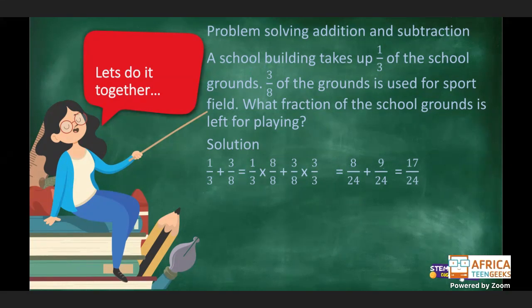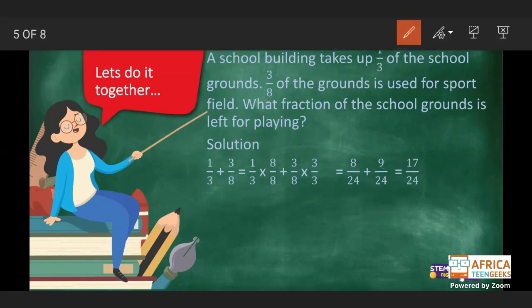We must find our lowest common multiples in this case. So here's our fraction. We can add our fractions right here, but before we add them, we must get our lowest common multiple first. So our lowest common multiple for 3 and 8, our denominators, is 24.